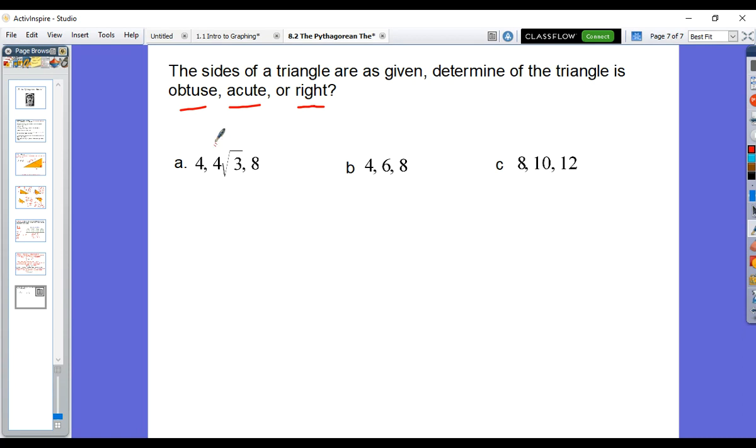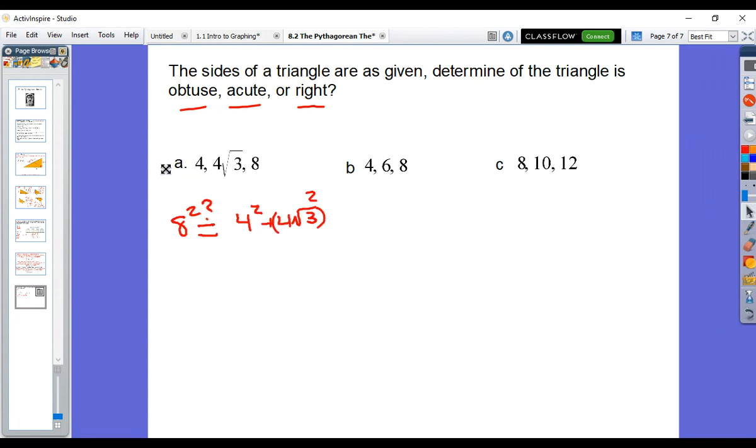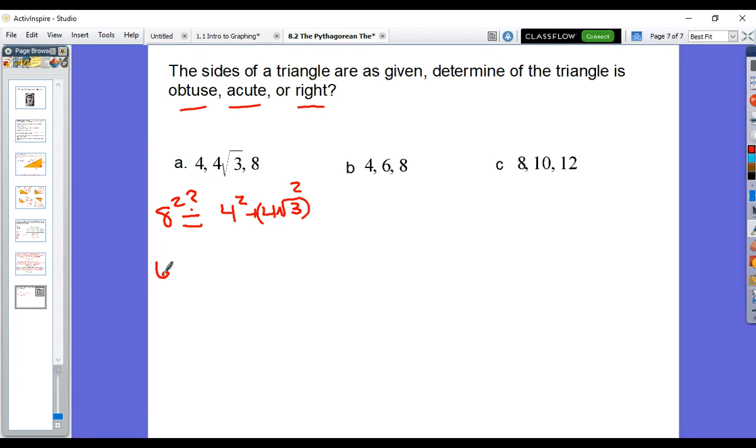So in 4, 4 radical 3, and 8, 8 will be assumed to be our hypotenuse. So we're going to say, 8 squared, with a question mark above the equals because we don't know, equals 4 squared plus 4 radical 3 squared. Okay, so we square 8, we get 64. 4 squared is 16.